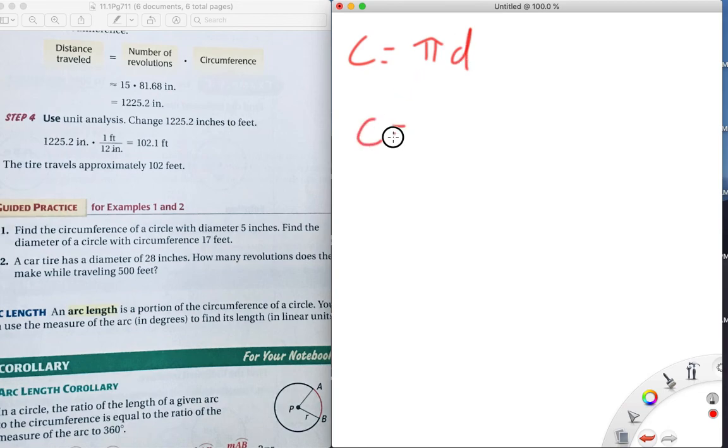So in this case, circumference is equal to pi times 5, and therefore my circumference is going to be approximately 15.71 inches.